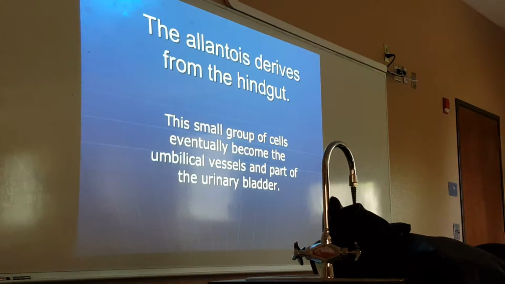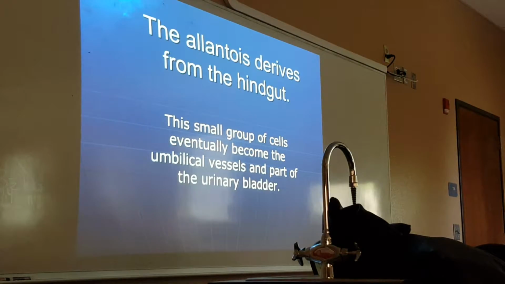The umbilical cord attaches to this hindgut region, which is sort of the embryological stalk that suspends the embryo inside the amnion, and that eventually becomes the umbilical cord. And we'll look at the umbilicus and umbilical cord in great detail, and become the umbilical vessel.